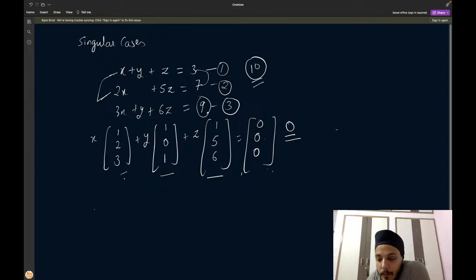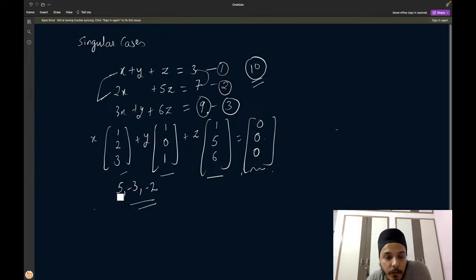So here that combination is 5, minus 3, minus 2. We will see in a further lecture how we get this, so that we get the zero vector.